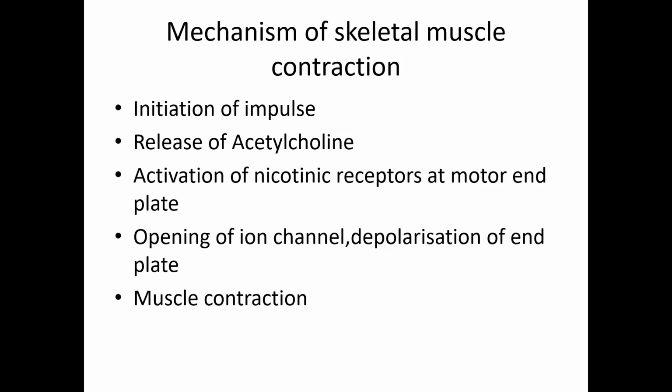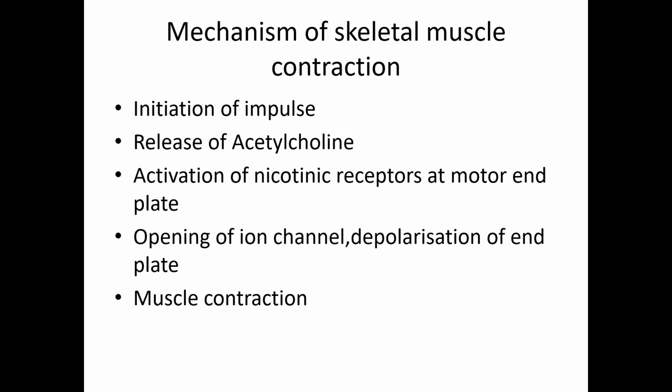The nicotinic receptors are of two types, NM receptors and NN receptors. NM receptors are the nicotinic muscular receptors. These NM type of receptors are present at the motor nerve end plate.